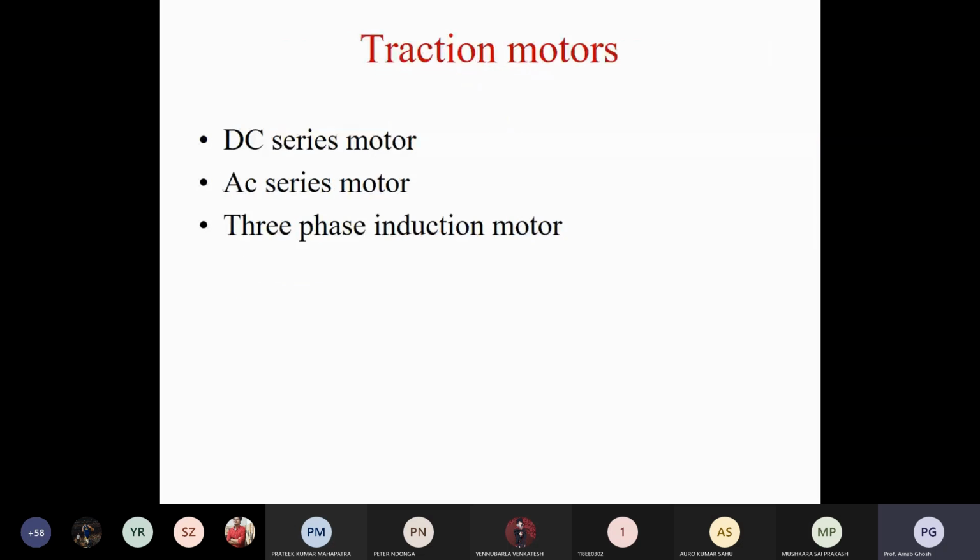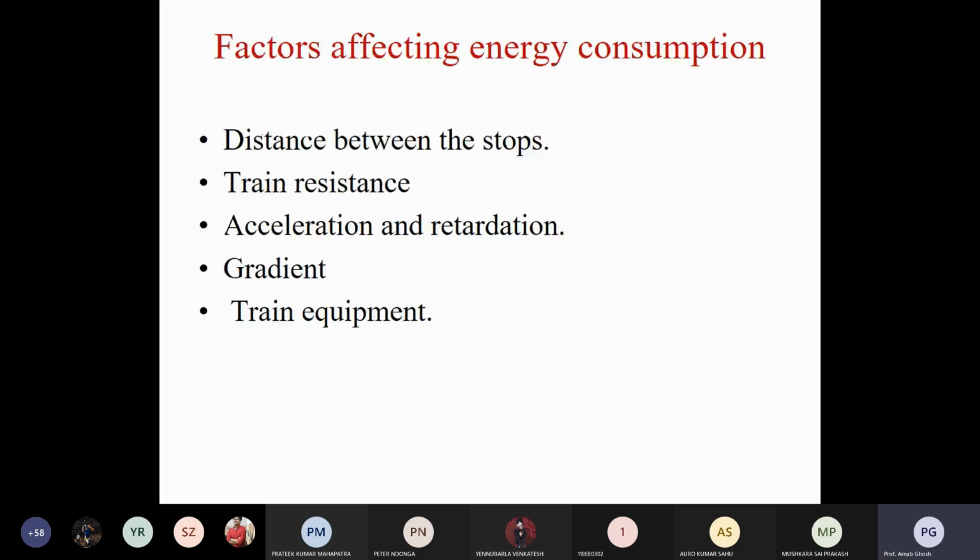Now the factors affecting energy consumption. Which is the most important factor? That is the distance between the two stops.